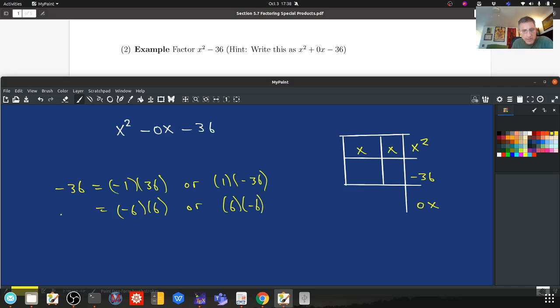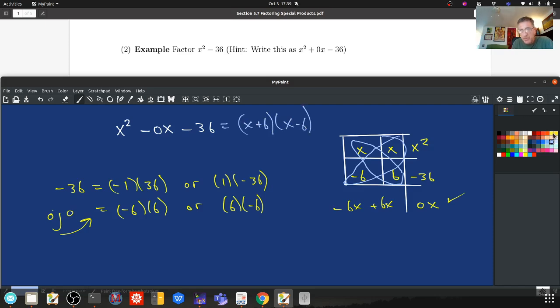So let's put minus 6 times 6 there. That gives me minus 6x plus 6x, and indeed they add up to 0. So my factorization is x plus 6 times x minus 6.